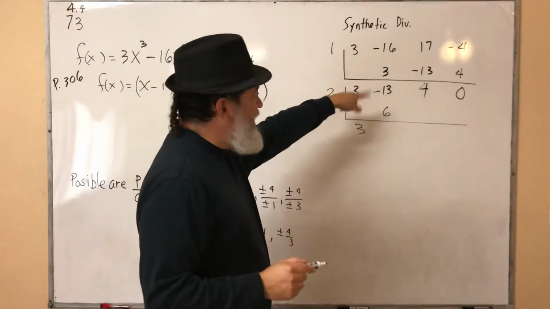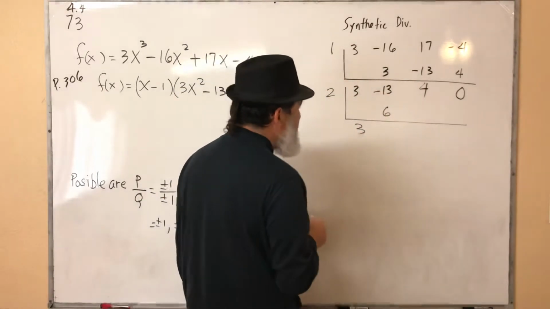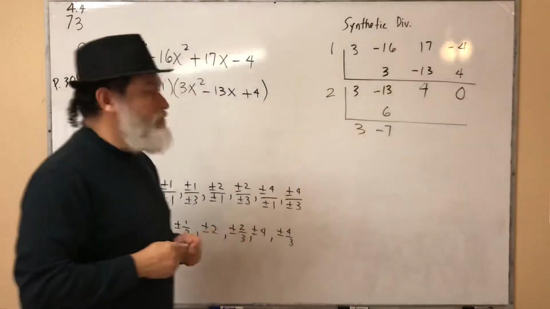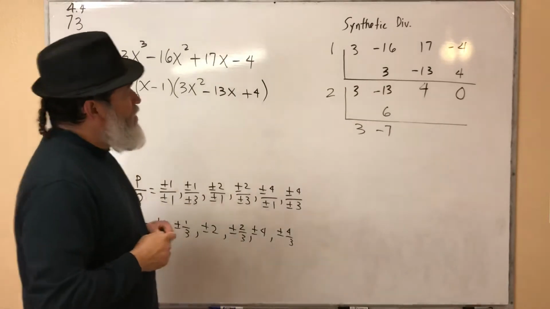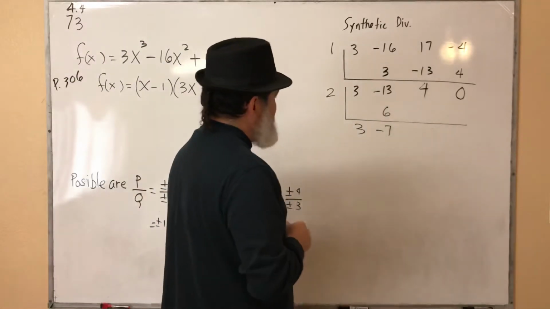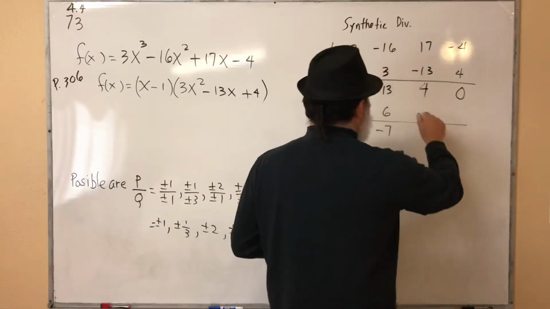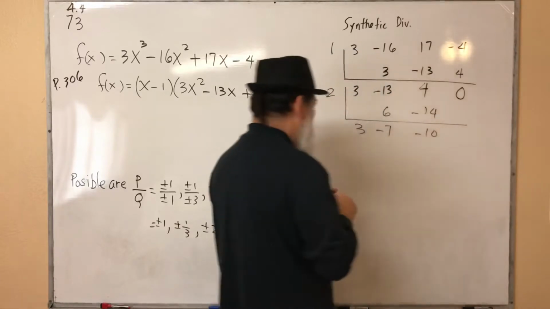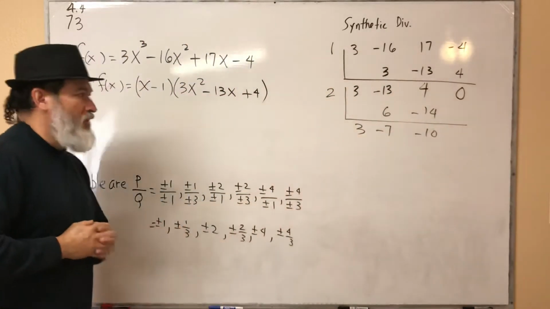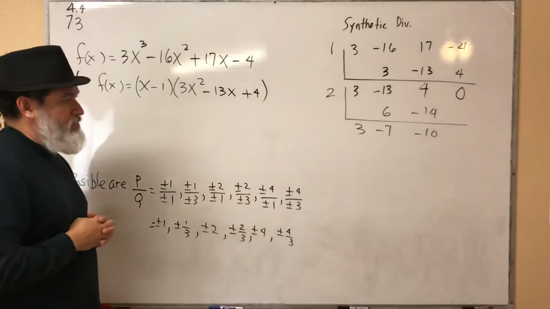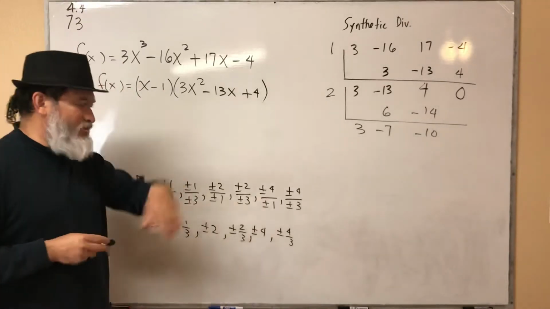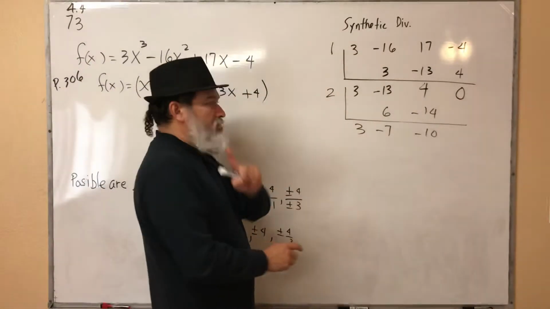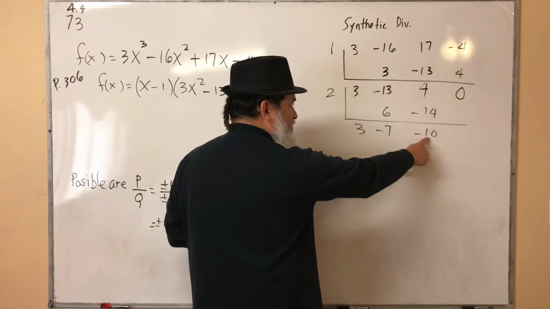Add. When you add, what do you get? Is that -7? Multiply, -14. Add, -10. No. It isn't. 2 is not a zero, so we're done with 2, because we didn't get 0 as a remainder.